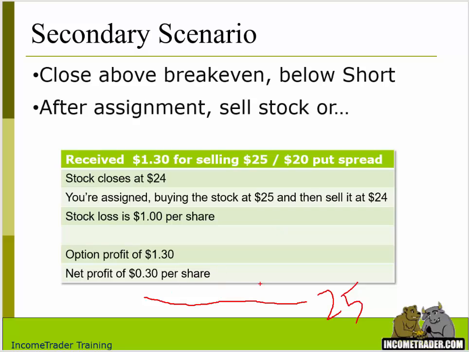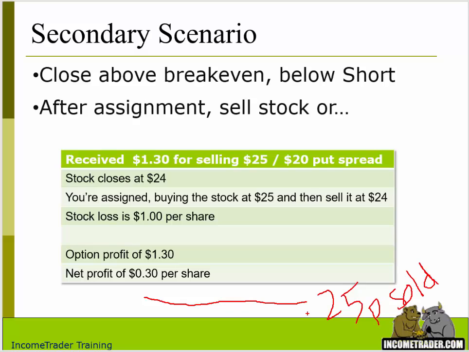If the stock heads sideways, that's okay too. But if it heads down, we'll potentially have some money at risk. Now keep in mind, in this scenario, we're only at risk between the strike price that we sold and what is your premium that you pulled in.